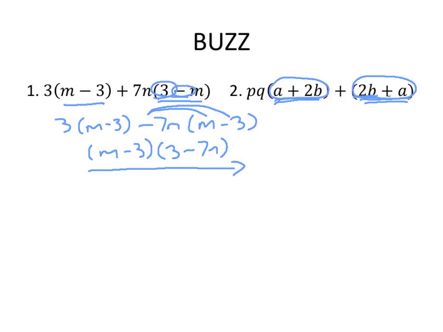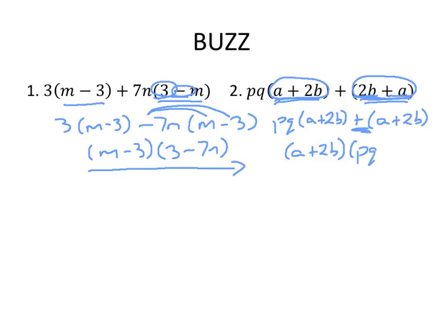Positive 2b, positive a. So I can just rewrite that: pq(a plus 2b) plus, and this can be a plus 2b. I can just swap them around so that now I've got a common bracket of a plus 2b. And we look at what's left, pq, and here in front is an invisible 1, so it's plus 1.